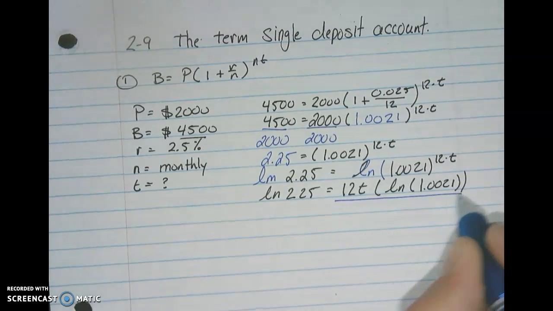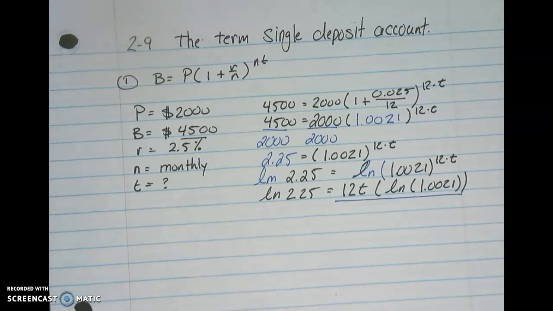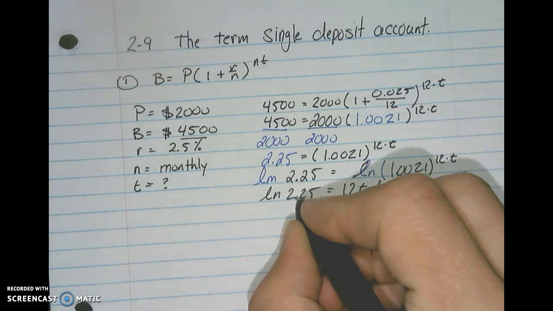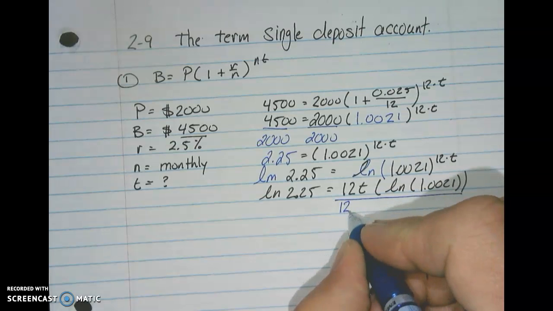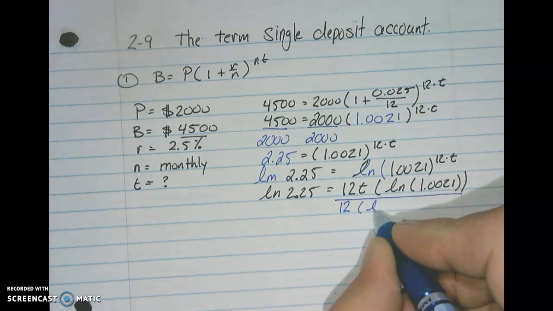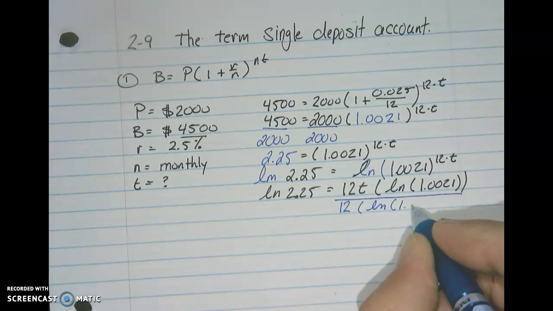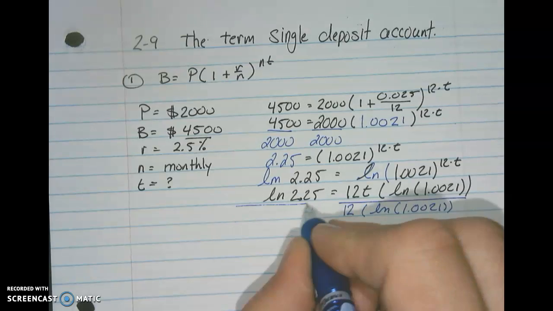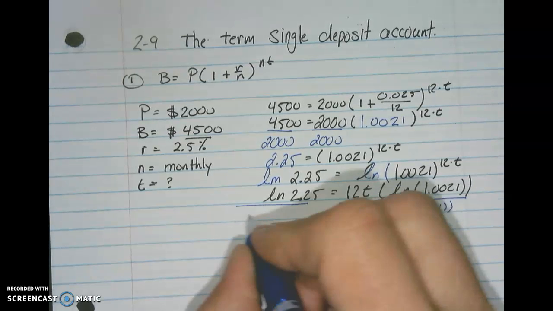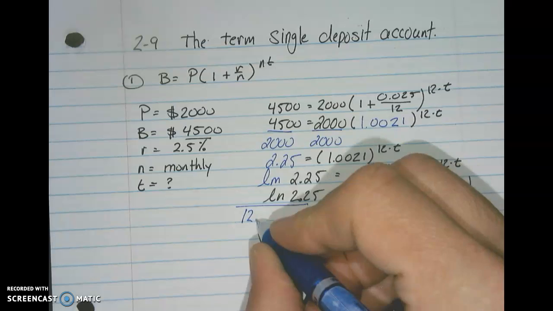Okay. So now I want to get t by itself, right? 2.25, 2.25, 2.25. Okay, so I'm going to divide by 12, and I'm also going to divide by the natural log of 1.0021. Whatever I do to one side, I get to do to the other.